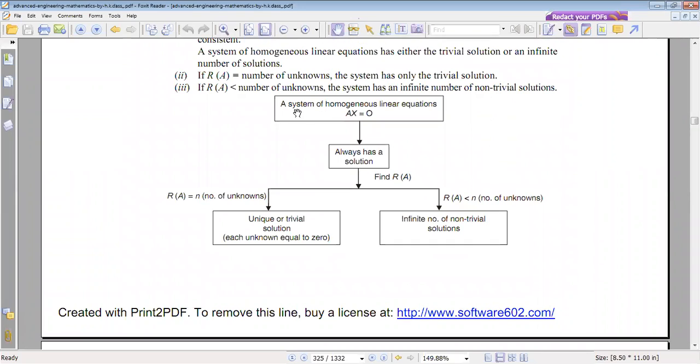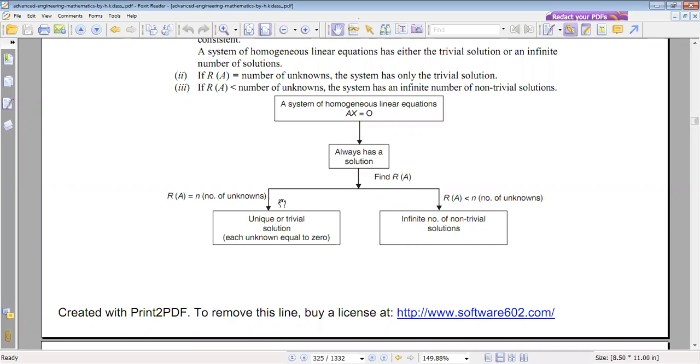Now see here, a system of homogeneous linear equations Ax equal to 0 always has a solution. Either it may be a trivial solution or it may have an infinite number of solutions. To find out which, at first we have to find the rank of the matrix.